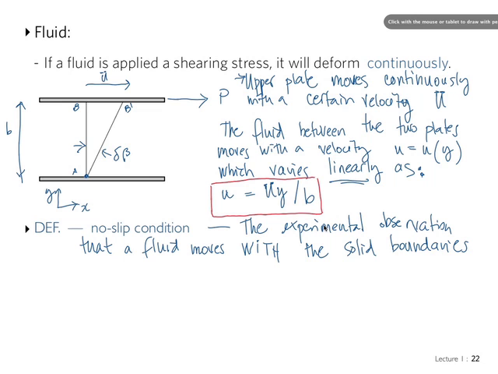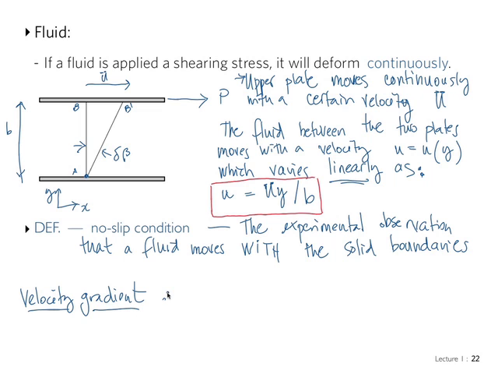So what we have is that there is a velocity gradient here, the velocity gradient of u with respect to y, du dy, because the distribution of velocity is a linear distribution.